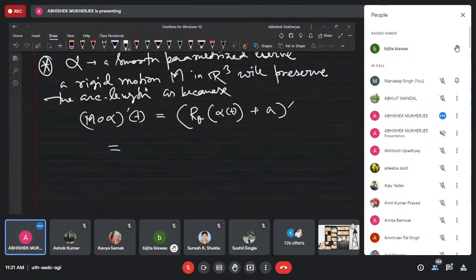So therefore it is actually r theta alpha dash t.